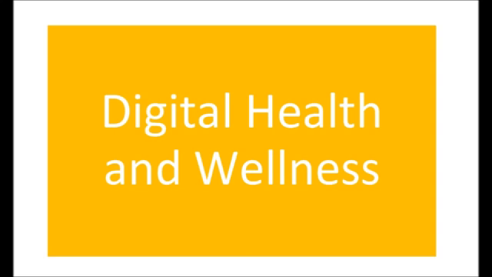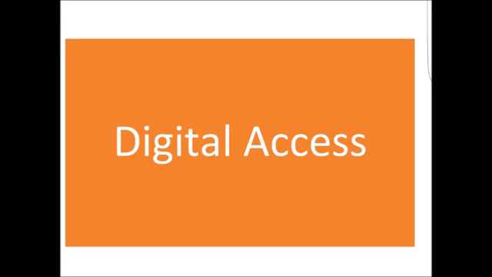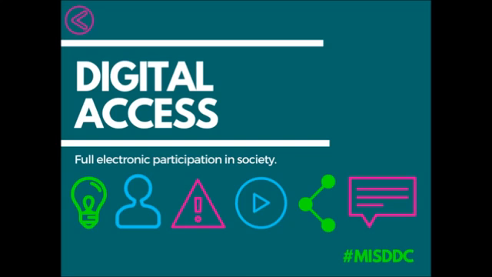We are now going to describe the 9 elements of digital citizenship and explain them. The first one is digital access, which is, in a nutshell, the full electronic participation in society. Technology users need to be aware that not everyone has the same opportunities when it comes to technology.